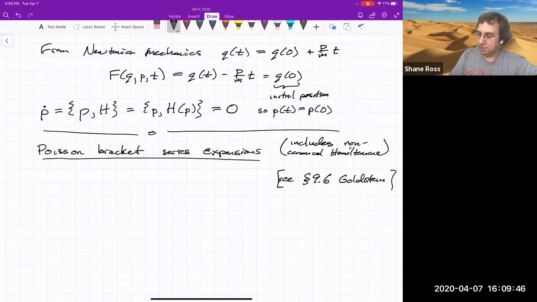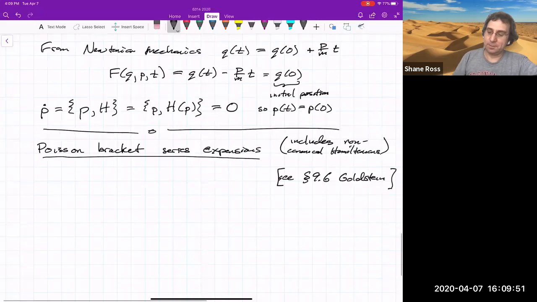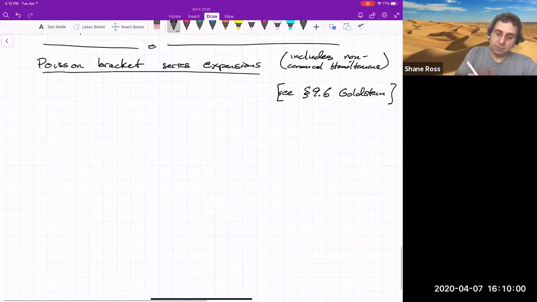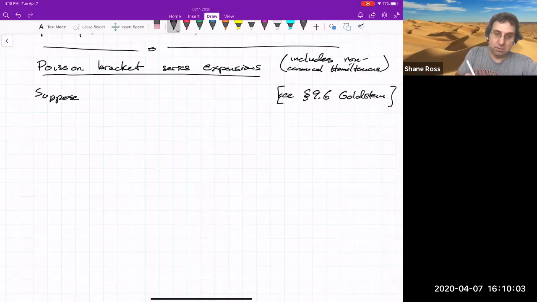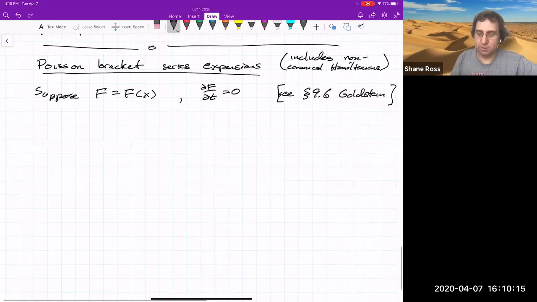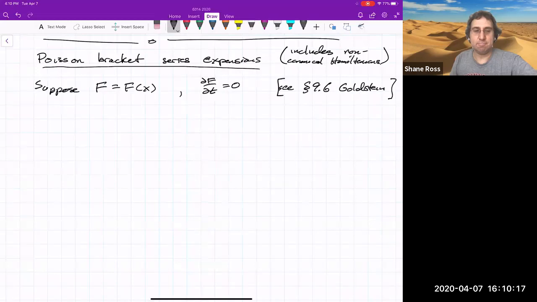All right. So because I'm including non-canonical Hamiltonians, I won't do phase space in terms of Q and P. I will write it more generally as X. So let's suppose that we have some function, it's a function of the phase space, not time. I think you could include something later for time, but for now, we don't have time.